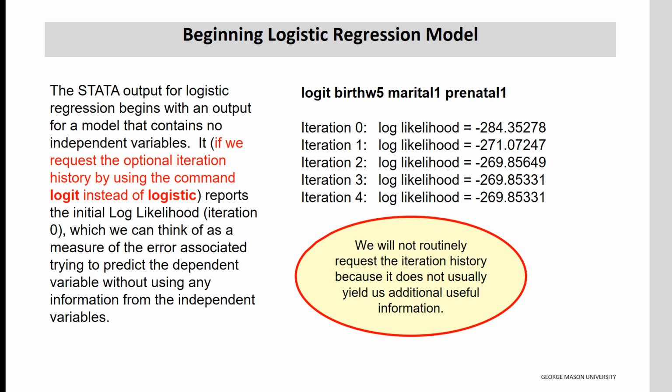So in this example, where we run a logistic regression on birth weight with the independent variables of marital status and prenatal care, we see that at iteration 0, the log likelihood is negative 284.35, while by iteration 4, the log likelihood is negative 269.85.